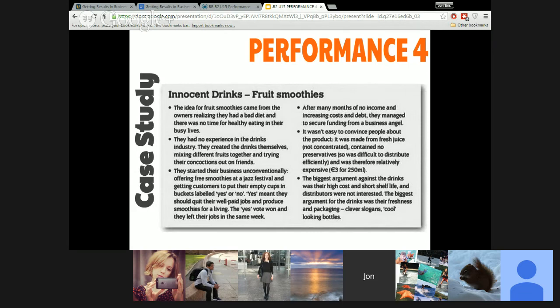Milliliters. Okay. Right. The biggest argument against the drinks was their high cost and short shelf life. You see, class, I can be difficult with Sylvia because she's special, right, Sylvia? I can't let you get away with words that I've corrected you on in the past.